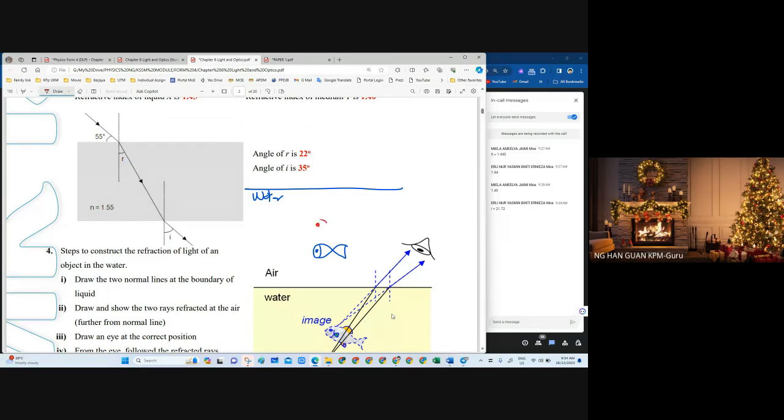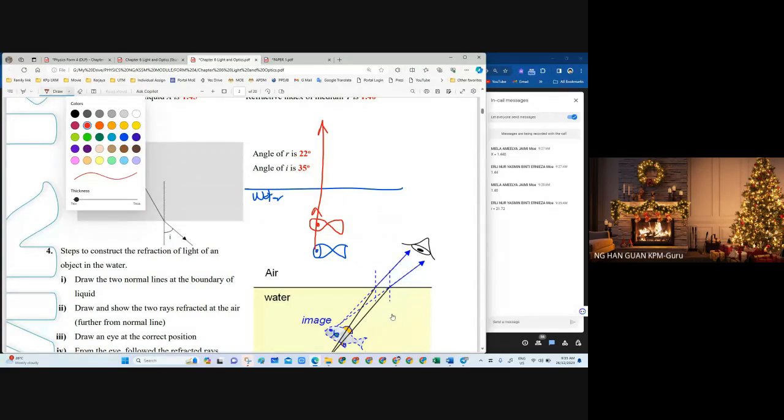Here is the image of the fish. From here, we draw one straight line from the object to the image, going straight upwards. Why can it go straight? Because it's parallel with the normal line.